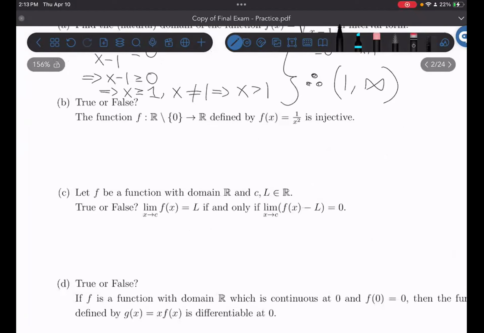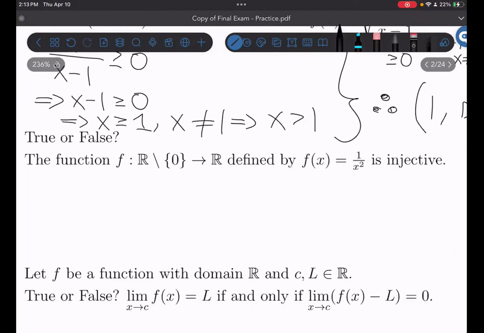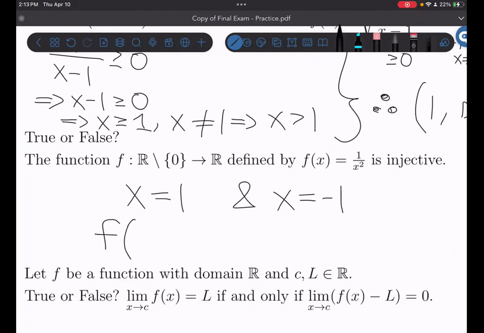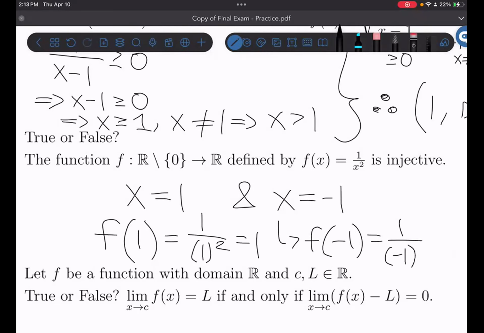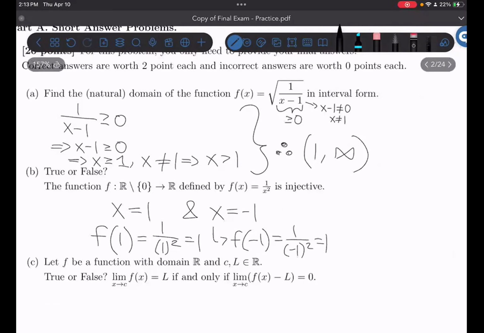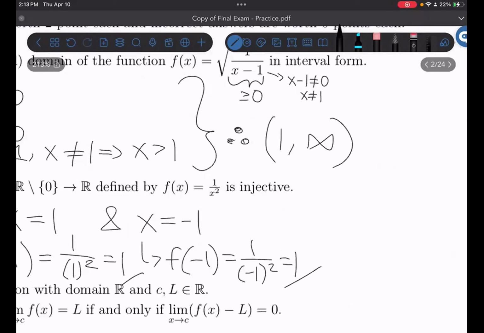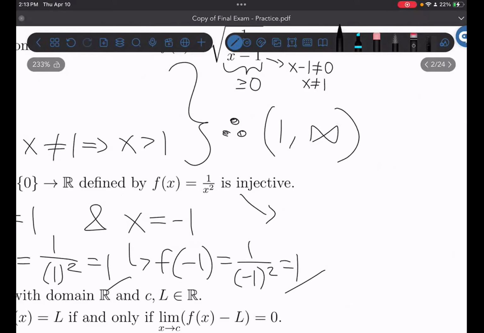What I mean by this is, if we consider x equal to 1 and x equal to negative 1, and I substitute those values into our function, notice how we get 1 here, and we also get that f at negative 1 is 1, the same value. So this tells me that it is not injective.